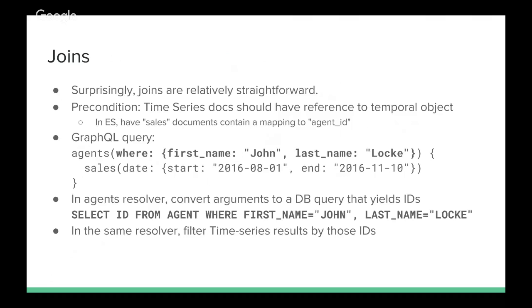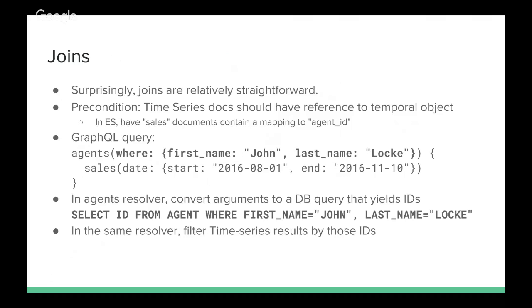So pretty much what we end up doing is turning the filters that are passed as arguments to a field into a query to the backend data store, and evaluating the objects that are associated with that query. From that, we know what IDs there are that the client really wants to know about, and we can apply that as a filter to our data store.